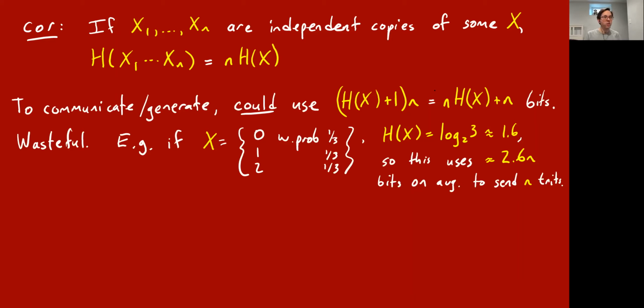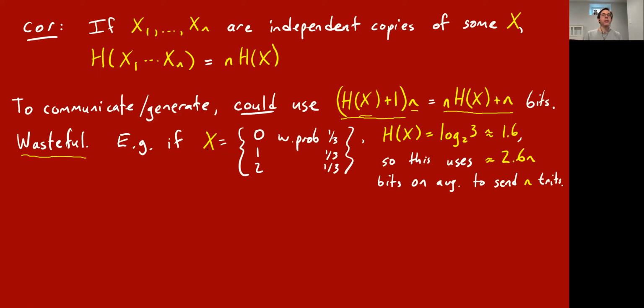Well, one thing you could do is say, okay, I know a scheme for communicating one draw of x, and it used entropy of x plus 1 bits in the worst case. So then if I need n copies, I could just do n times that. So the total number of bits I would get is n times the entropy plus n, which is okay, actually, but it is a little bit wasteful.